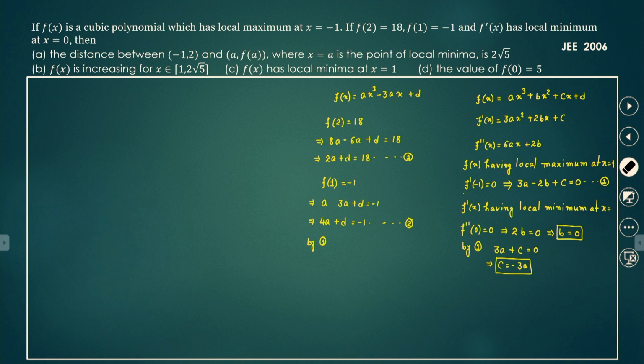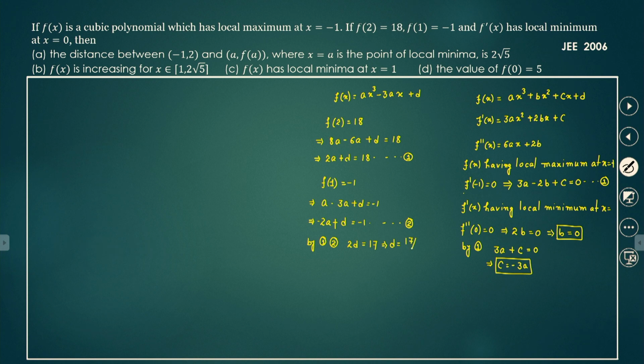So this should be minus a, not plus a. So it is minus 3a, so we'll get minus 2a plus d. That doesn't change much. So if I add 1 and 2, we can say that 2d is equal to 18 minus 1, that gives me 17, and d is equal to 17 by 2.